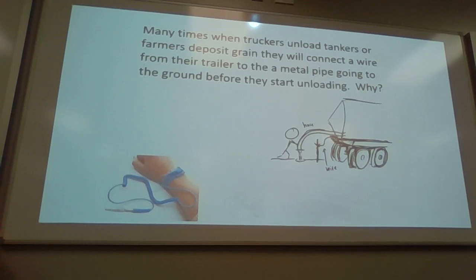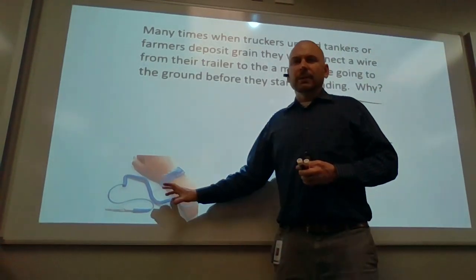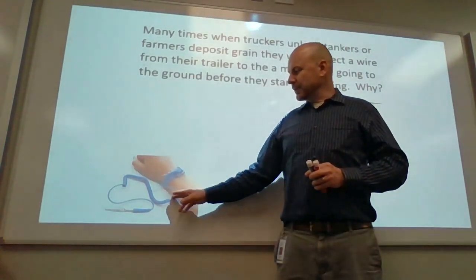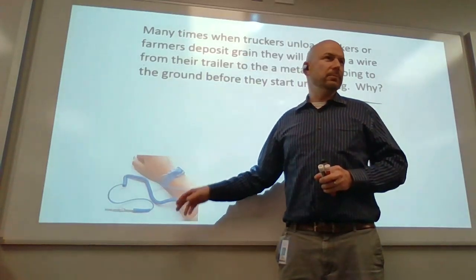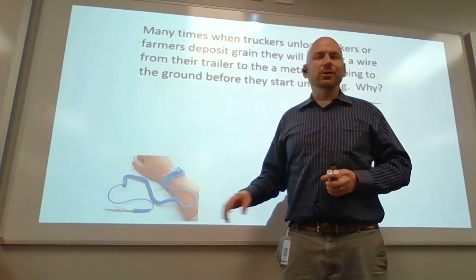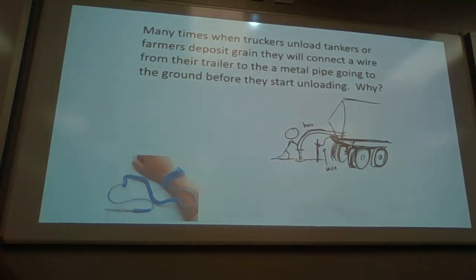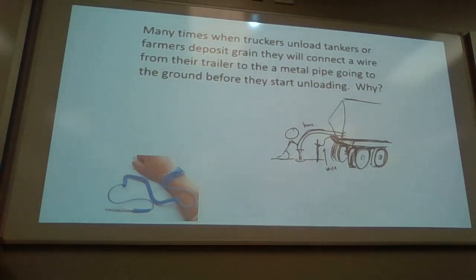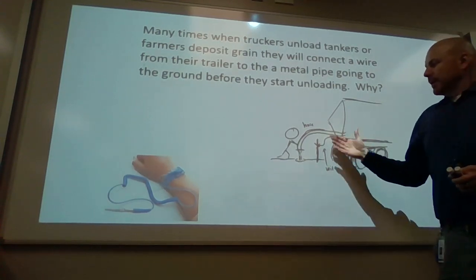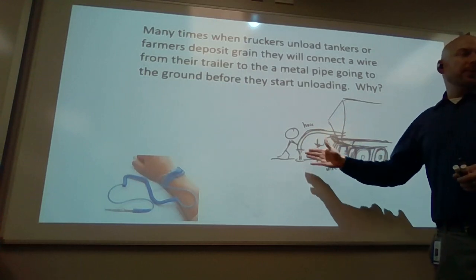Some examples: if you ever work with circuit boards, sometimes they'll connect a grounding strip to your wrist so you don't accidentally shock the circuit. Another example is when you're unloading a semi, you get some charging by friction.